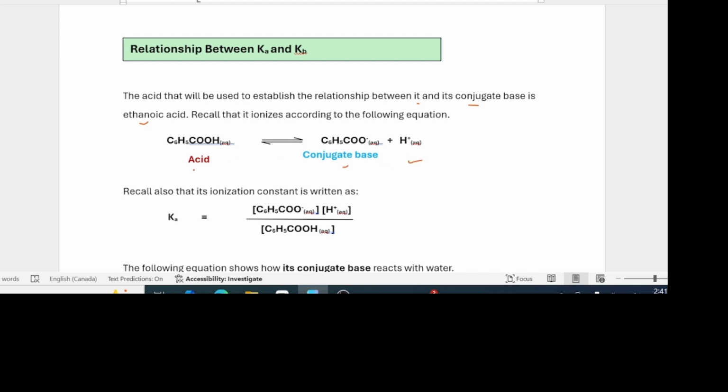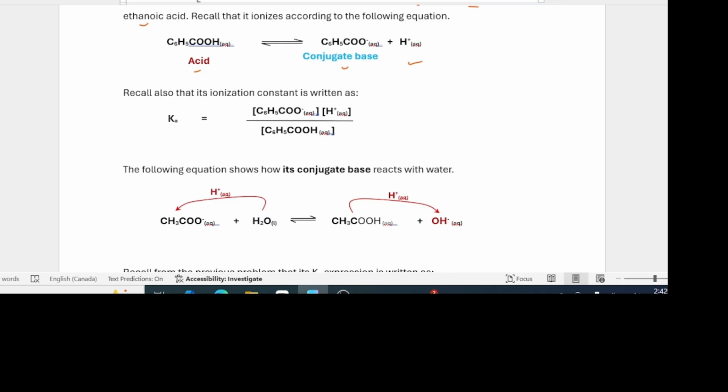This is the acid, and this here is called its conjugate base. Writing the ionization expression for the acid, we have the concentration of ethanoate ions times that of hydrogen ions over the equilibrium concentration of the unionized ethanoic acid.